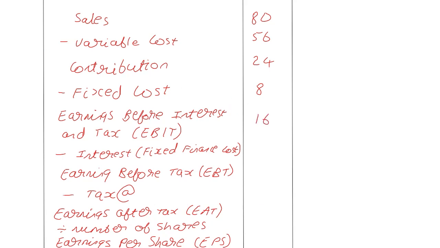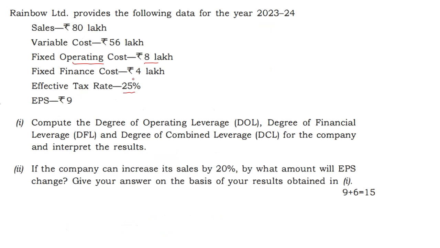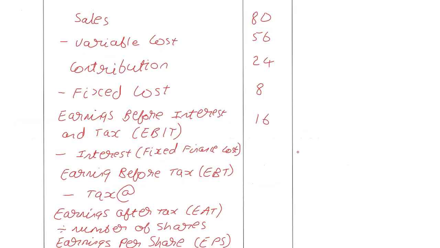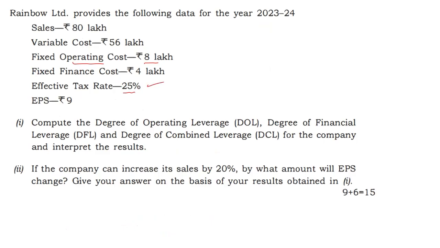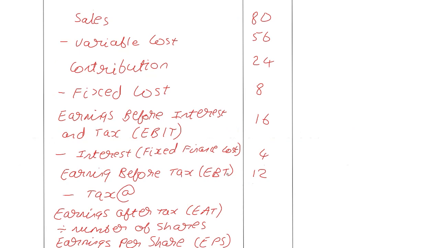Then we have interest, which is fixed finance cost, which is 4, subtracting which we will get 12. Okay, and then we have tax rate as 25%. 25% is 1 by 4 into 12 will give us 3, and we'll have 9 to take forward. We will have 9 to take down.